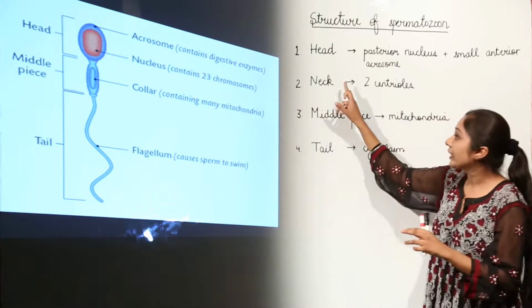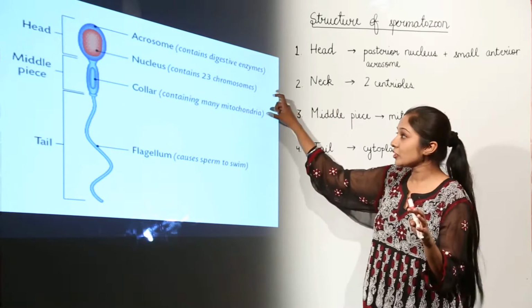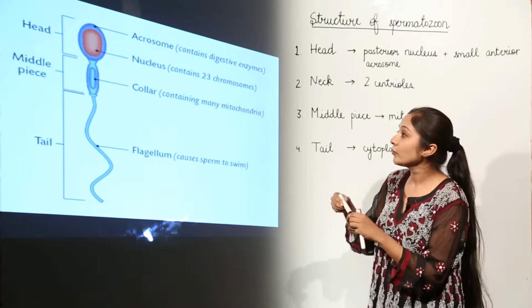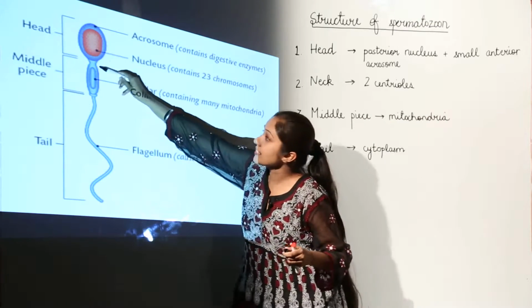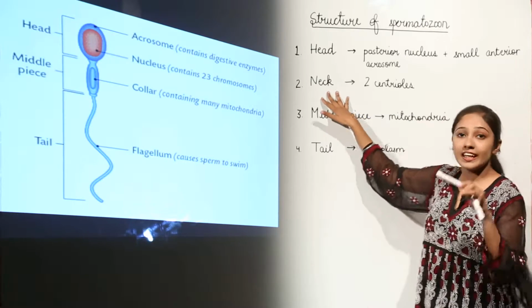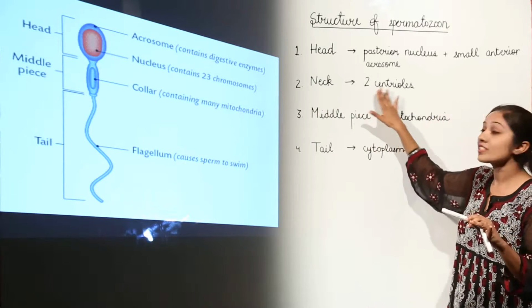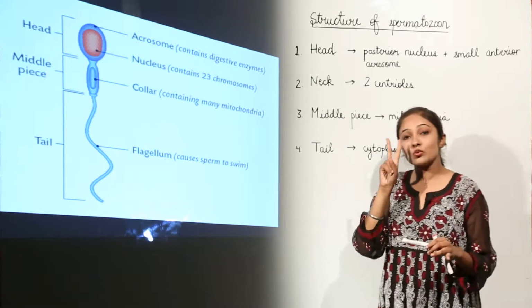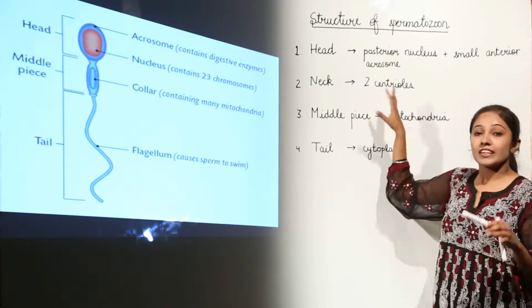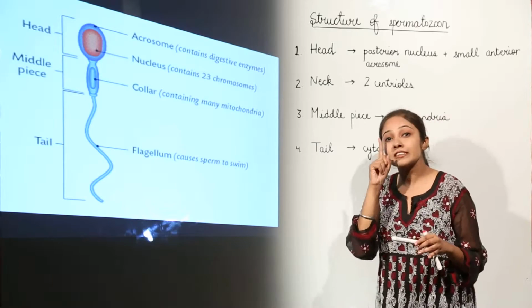Next we move on to the neck. The neck is not being shown over here because it forms a very small region. So I can just demonstrate here that this portion is the neck region of the sperm. What does this neck region contain? It contains 2 centrioles. These 2 centrioles are very important in the sense that the first centriole is going to help in the first cleavage.